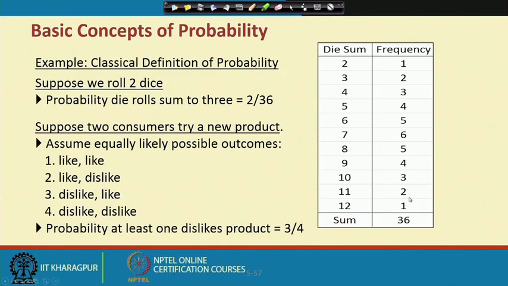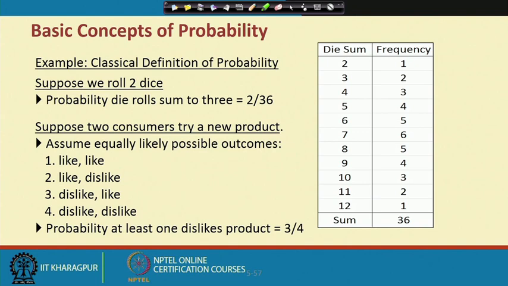I will connect with some examples that you can easily understand. For instance, corresponding to the classical definition of probability, suppose we roll 2 dice. What is the probability the dice roll sums to 3?